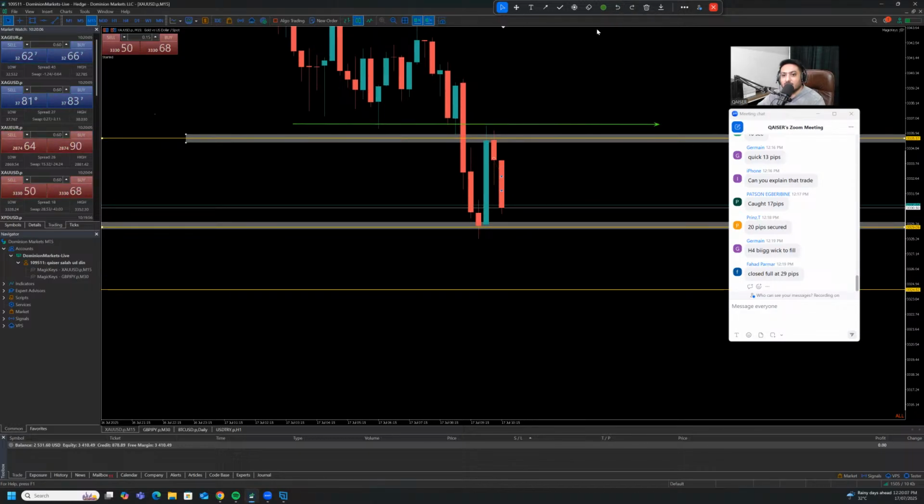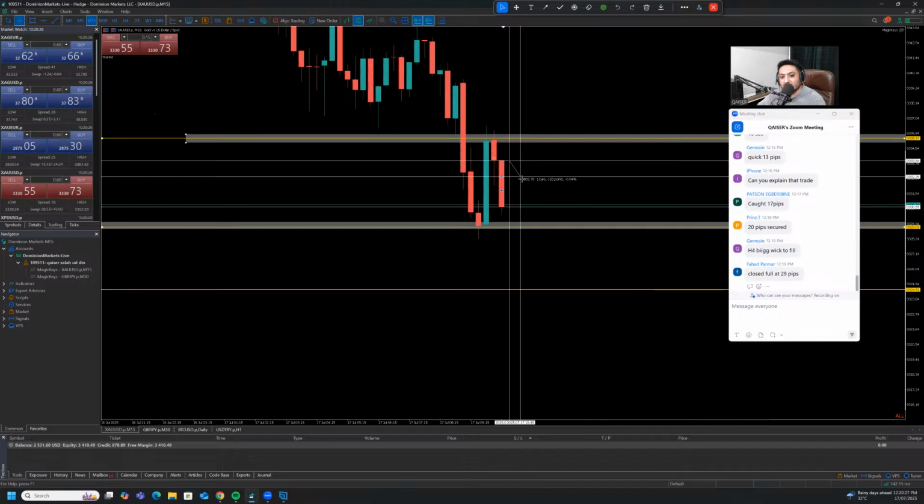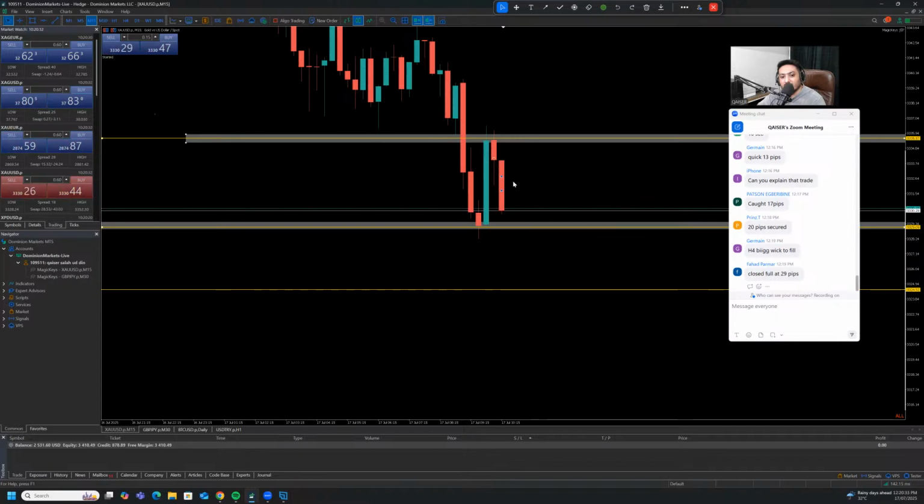I was not comfortable with buys, so I didn't take buys. I was just waiting for the candle to create a support, create a resistance. It created a support and a resistance, and I didn't execute until a bearish candle closed in my favor. With the opening of the next candle, I executed. I grabbed 26 pips. It moved like 30 pips, whatever, it's just going on. But I'm happy with it.